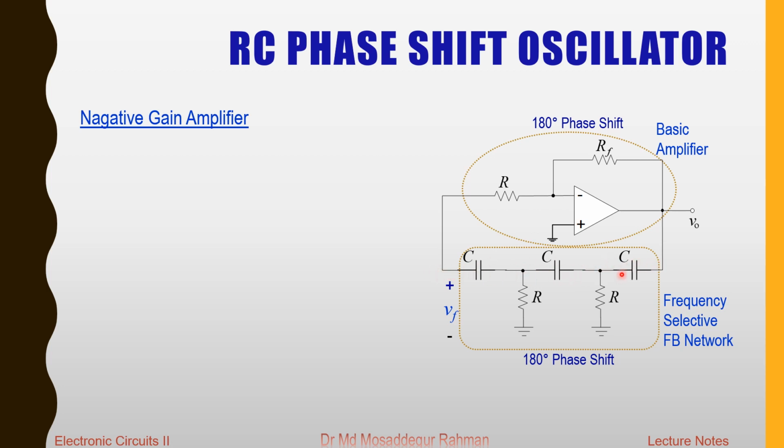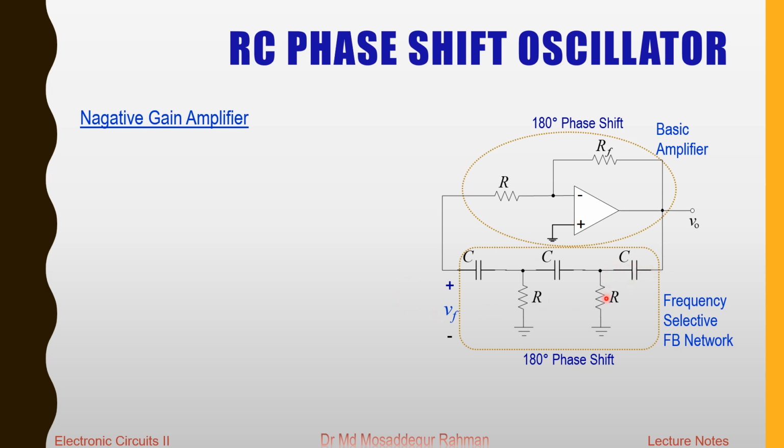So we'll need at least three segments of this RC circuit to get a phase shift of 180-degree, since each one can provide a maximum which will be always less than 90.